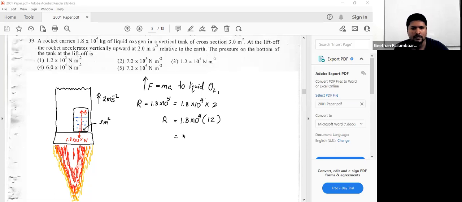So you get 7.2 into 10 to the power 4 newtons.